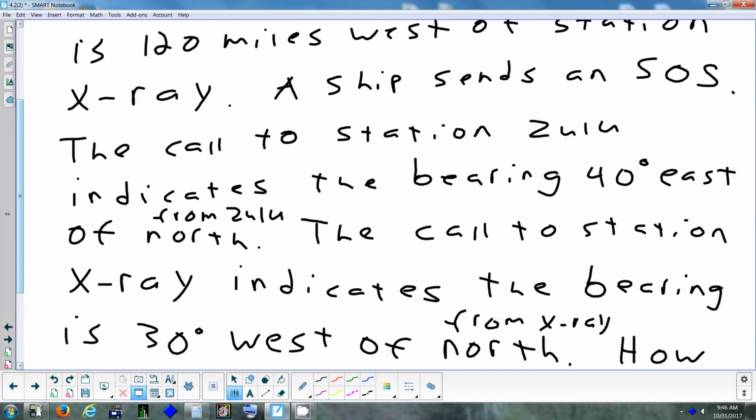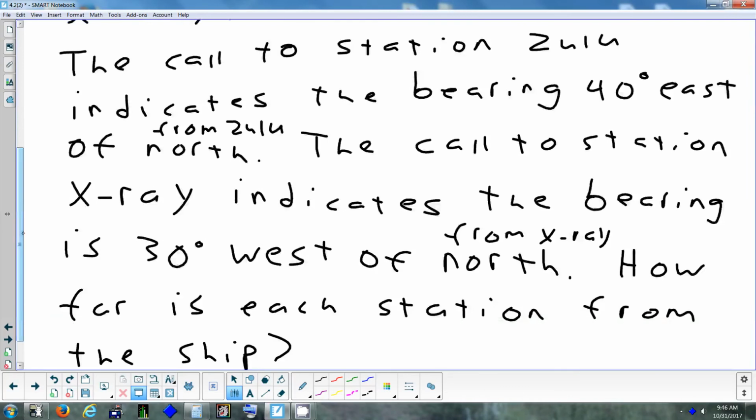Okay, and what they want to know here is how far is each station from the boat. We're going to be able to find both of those things directly. You're only going to have one triangle in this problem. You're not going to have two, like the other one. Okay, and on a test, all that would be all written out for you. Right, so how far is each station from the ship?